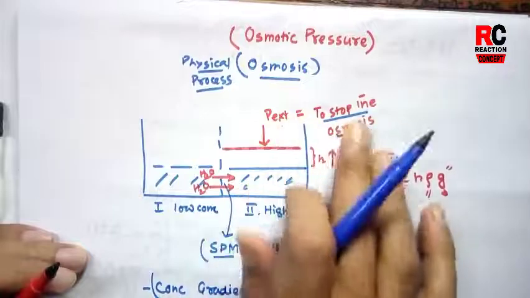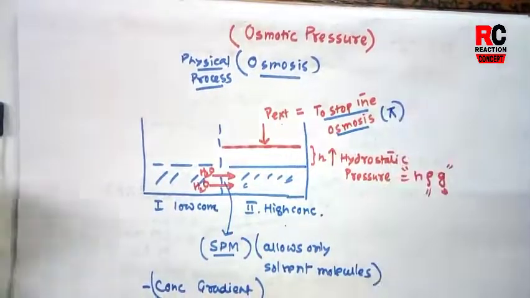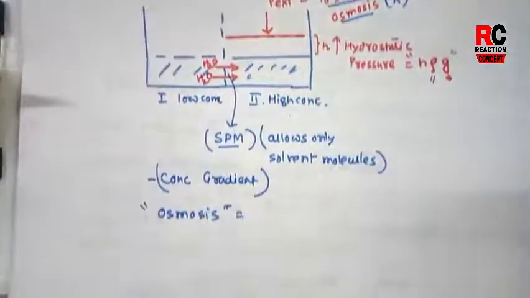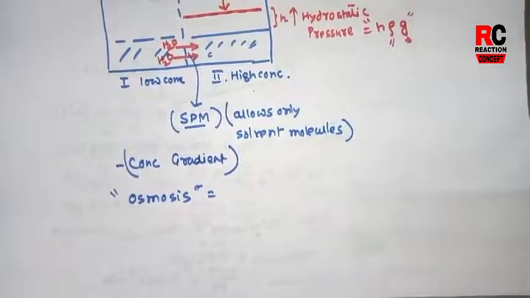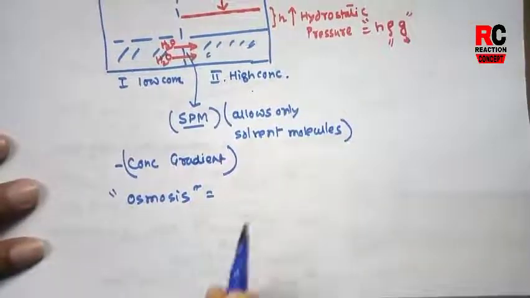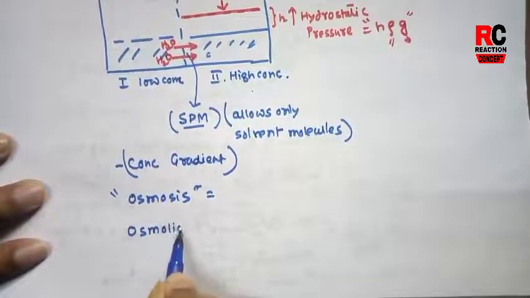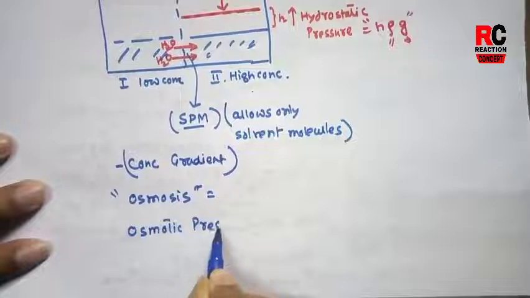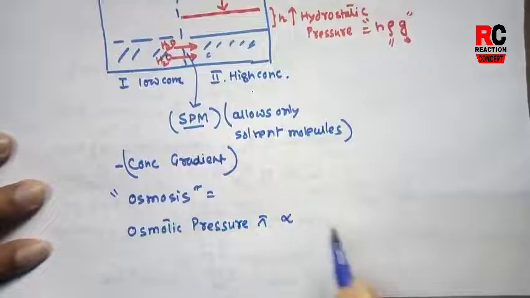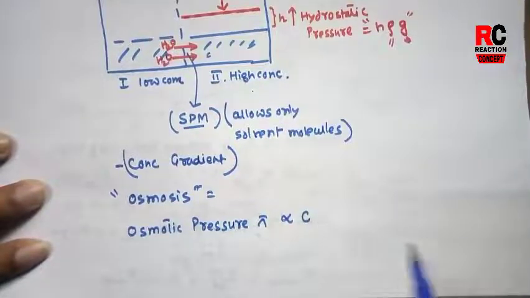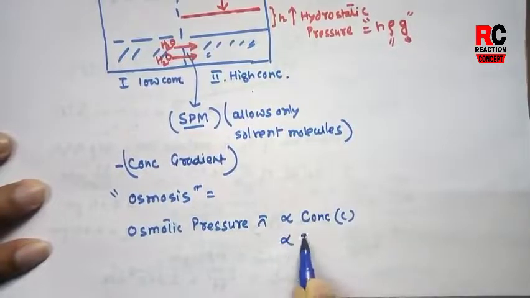It is generally represented by pi. This osmotic pressure pi is directly proportional to the concentration of the solution and the temperature of the solution.